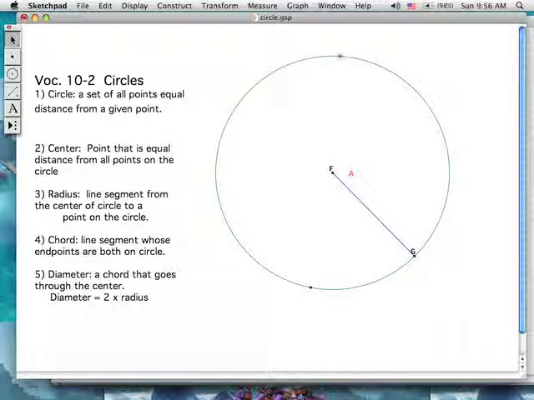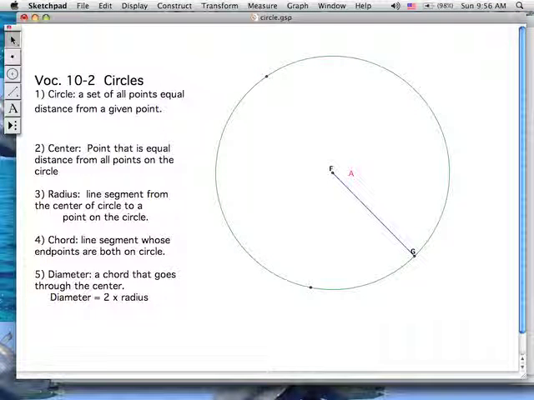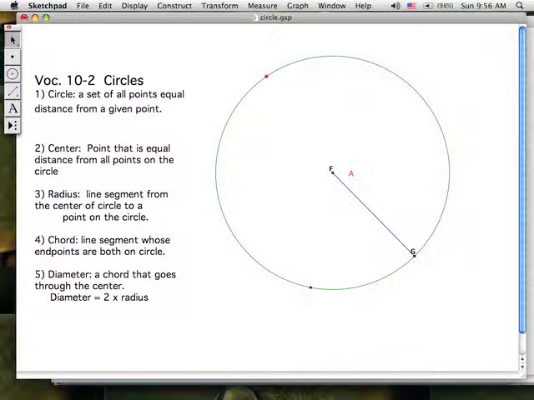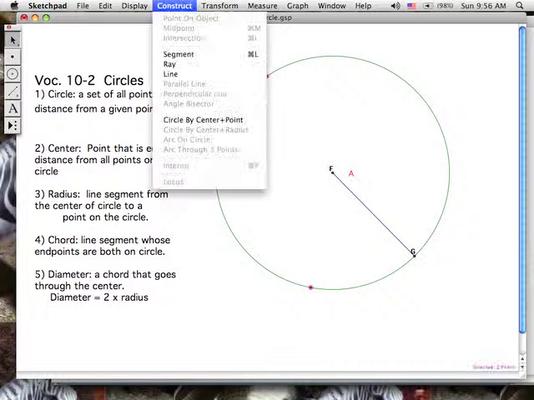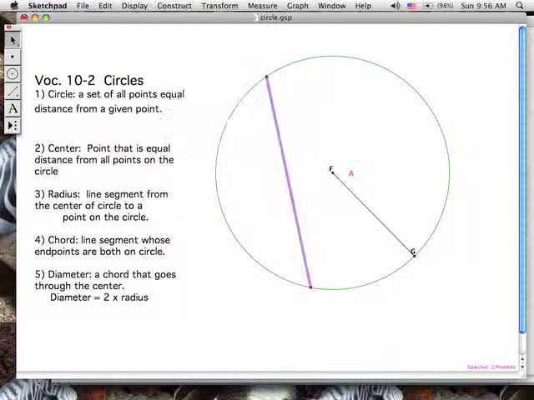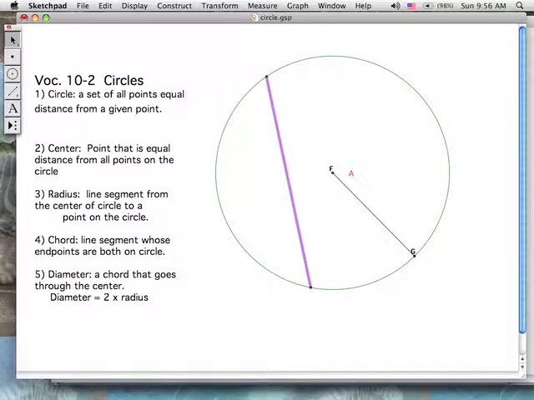Let's move it over here. All right, take that point and this point and construct a segment. This is a chord. It's a line segment whose endpoints are on the circle.